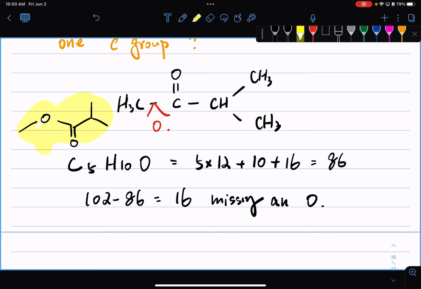Wait, let me see. Actually, no, I was thinking of it the other way. The other way might also work, because my heptet is also deshielded. So if you put it like this, that also works. So you can have 2 answers, and you need to solve it later on.